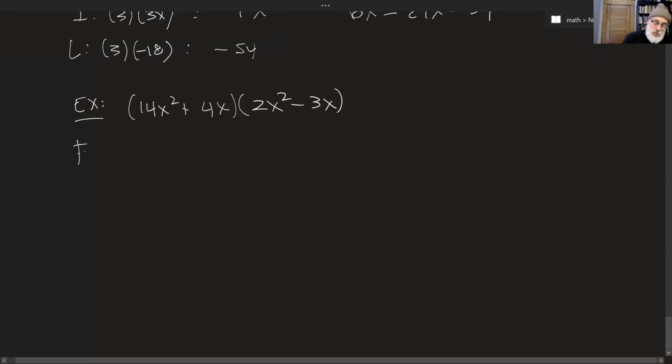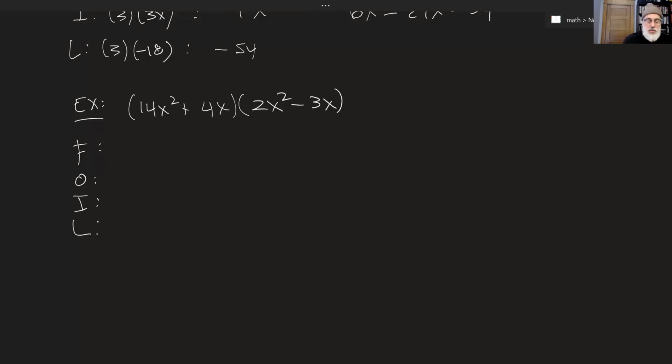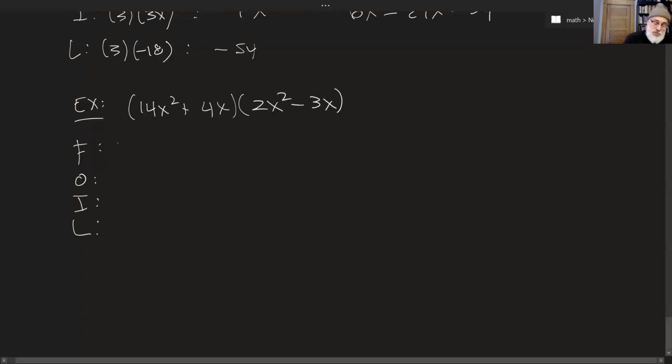We're going to use FOIL. You don't have to use this technique. You could do it just by combining the terms in a straight addition subtraction. But just for illustration, I think it's good to use this for now.